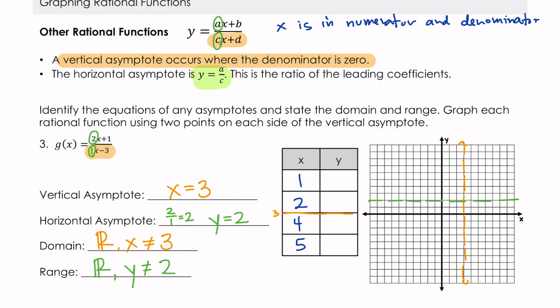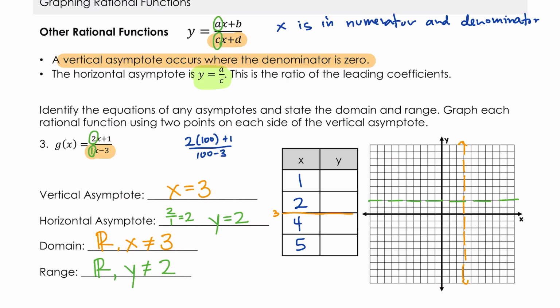And the reason it's 2 here is just like when I was plugging in all those values on that first page to say, if I plug in 10, if I plug in 100, if I plug in 1,000, like 1 over 10, 1 over 100, 1 over 1,000, it's getting closer and closer to 0. Well, here, if I plug in really big numbers, if I plug in 100, so I'll have like 2 over 100 plus 1 and 100 minus 3.